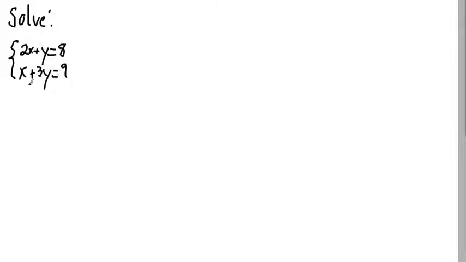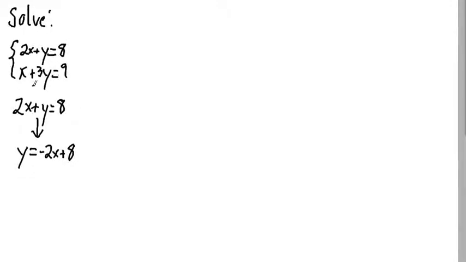Alright. So what we did last time is we started with 2x plus y is equal to 8, and we put this into slope-intercept form, which gave us y is equal to negative 2x plus 8.